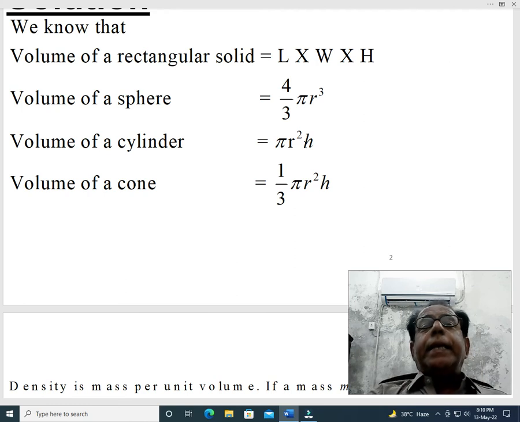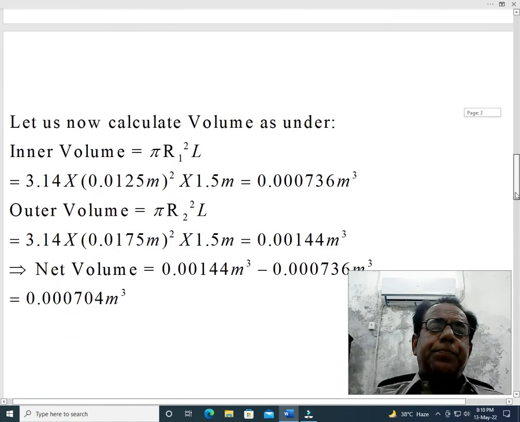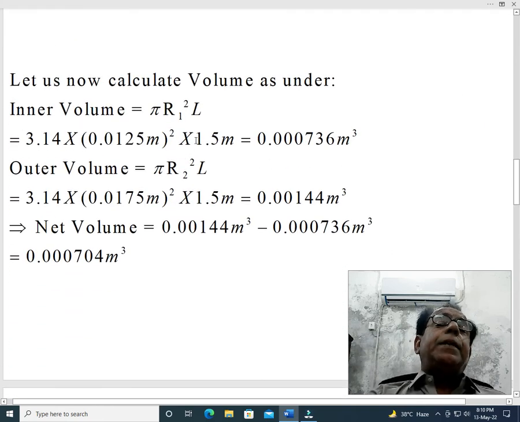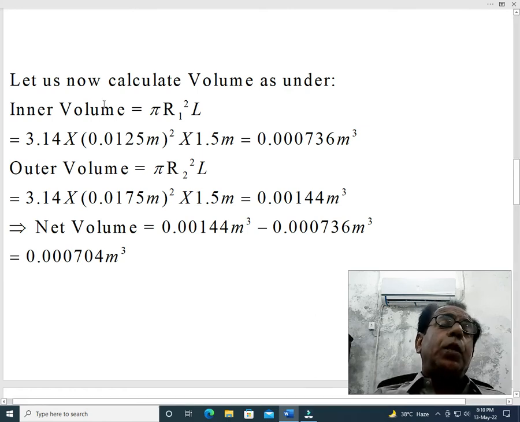Here pi r square H has been shown as the formula for calculating volume of a cylinder, but in reality here we have replaced H with L, length of the pipe. Moreover, inner radius is R1 and outer radius is R2. So volume, that is pi r square H, will take the form pi r1 square L, and in case of outer volume it will take the form pi r2 square L.